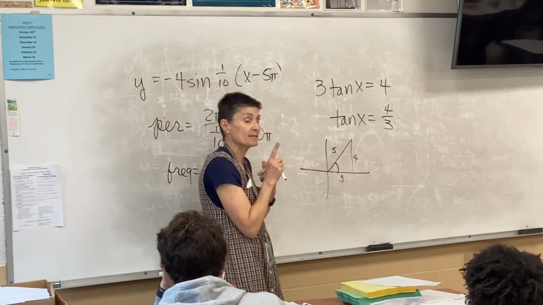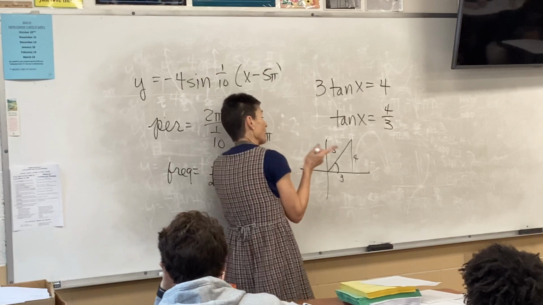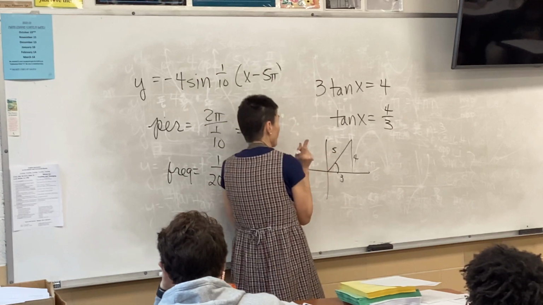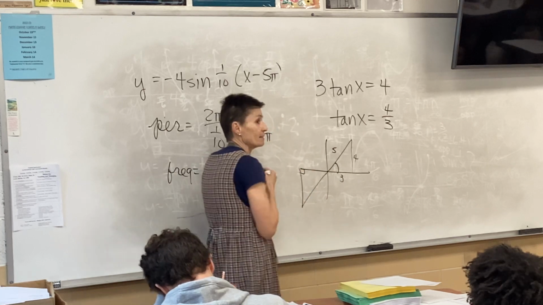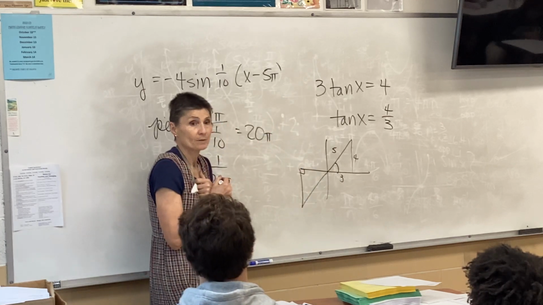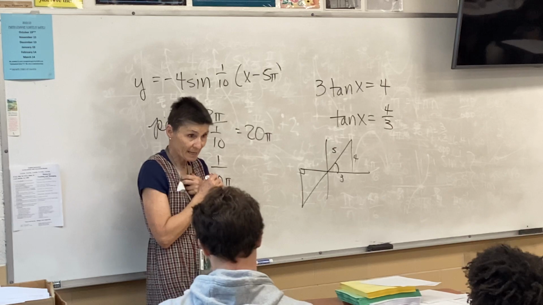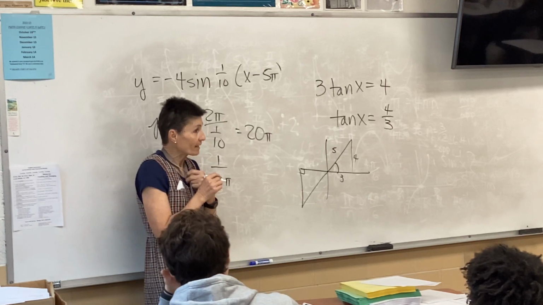My job is to find the angle. So, before I go any farther, I'm going to use a calculator, but before I do, I'm going to remember that the tangent can also be positive in quadrant 3. So there are 2 places that x could be.